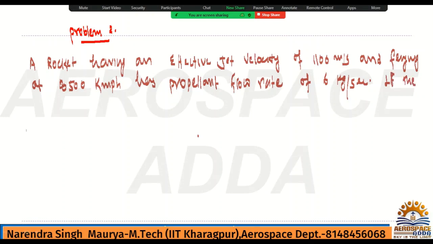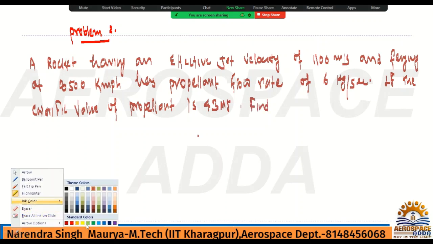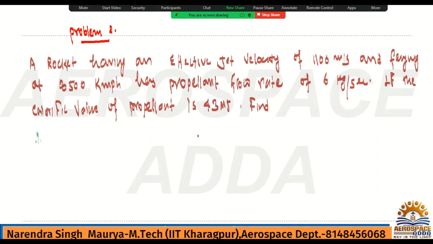If the calorific value of propellant is 43 megajoule, find number 1, eta P propulsive efficiency, eta TS thermal efficiency, eta E overall efficiency.